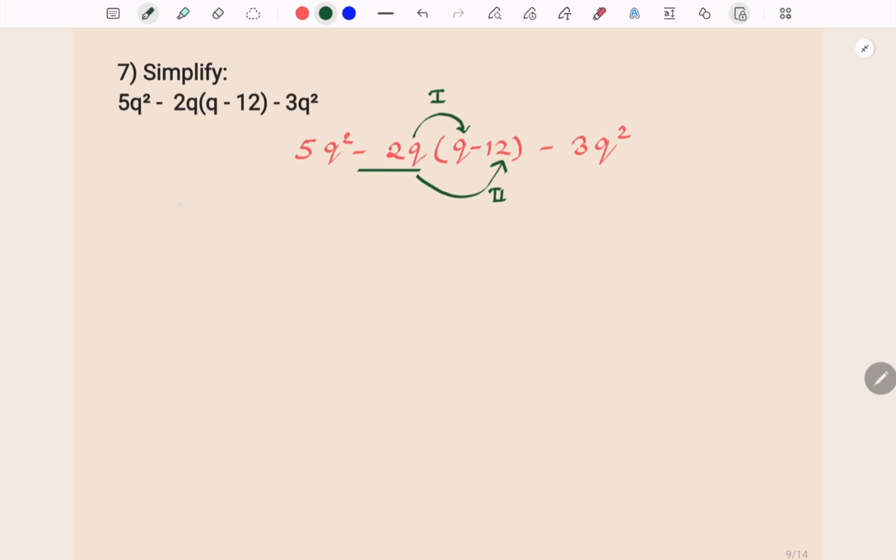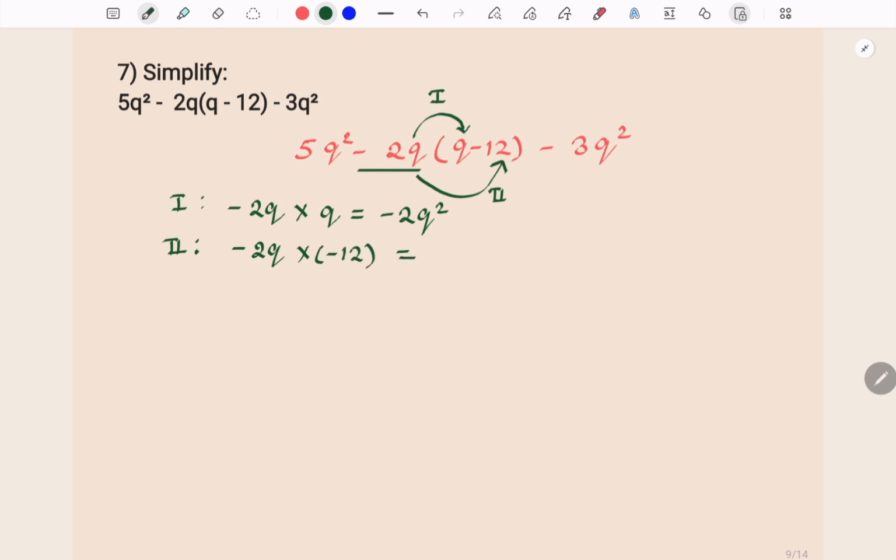Now, to do the first multiplication, let me write it as minus 2q into q gives minus 2q squared. And for the second multiplication, minus 2q multiplied by minus 12.